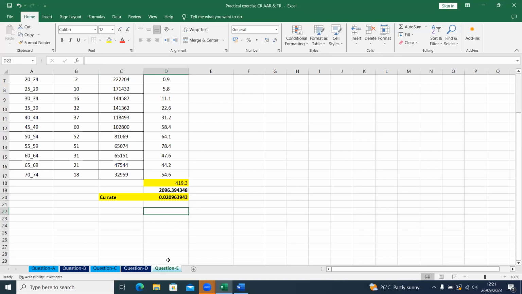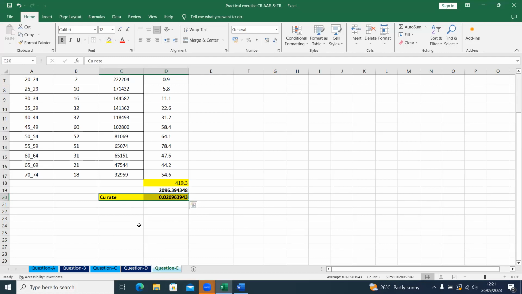Please verify your answer with me. Is it the same answer you calculated or a different answer? So this is the cumulative rate.